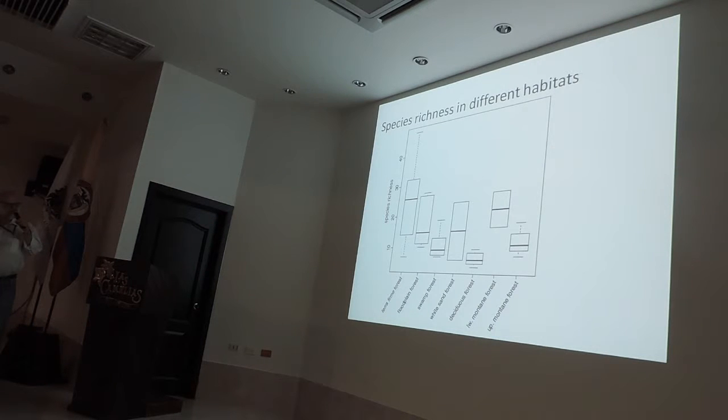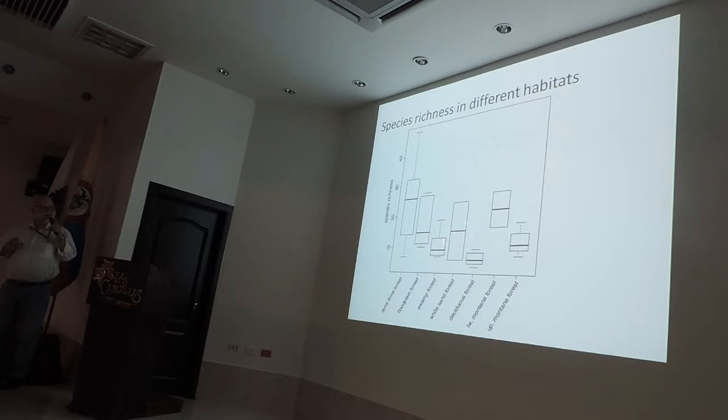If we look at the diversity between the different habitats, we see that the terra firme forest, as I suggested, was the richest. This is species per transect, an average of 25 in the wet forest, and the floodplains much lower, and the swamp forest even lower in terms of species richness.